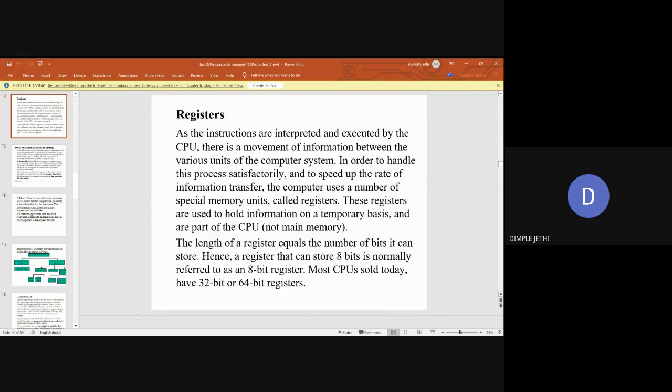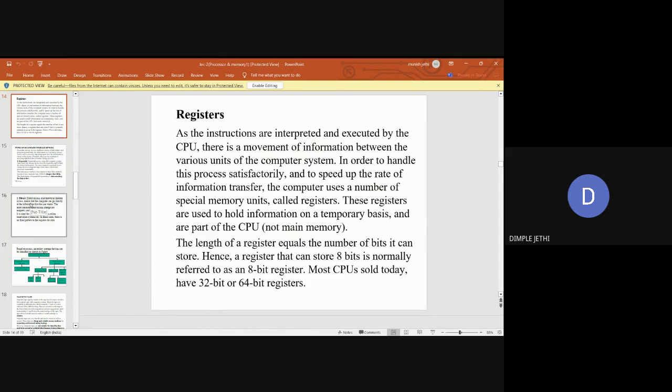Nowadays we have 32-bit or 64-bit. So 64-bit means it has 64 registers, and each register can store only 1 bit of data. It doesn't have so much memory, but these are the expensive part and the fastest memory, right?